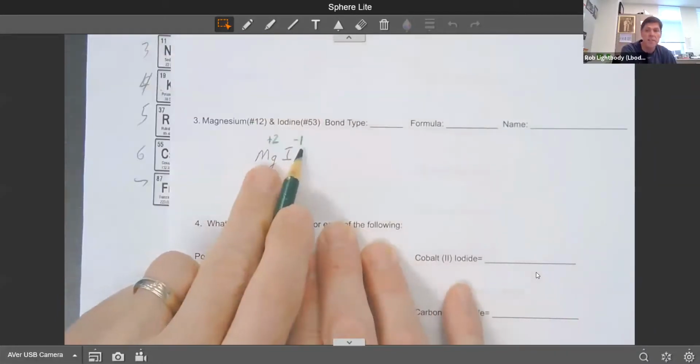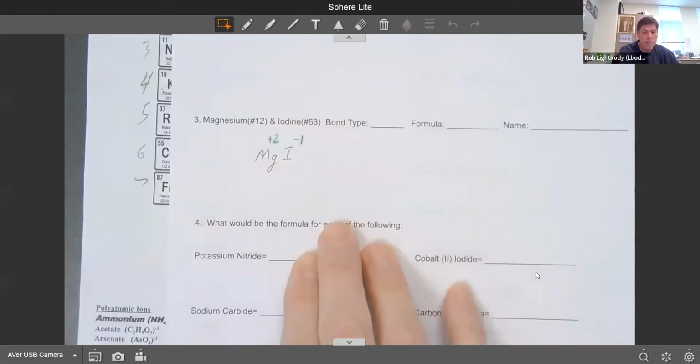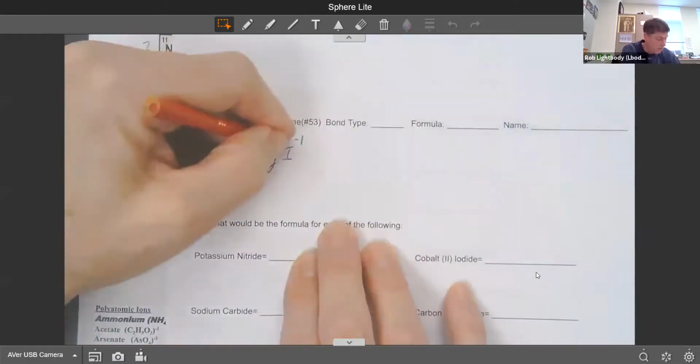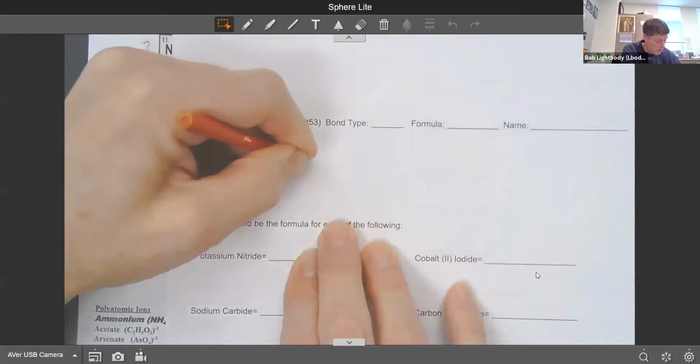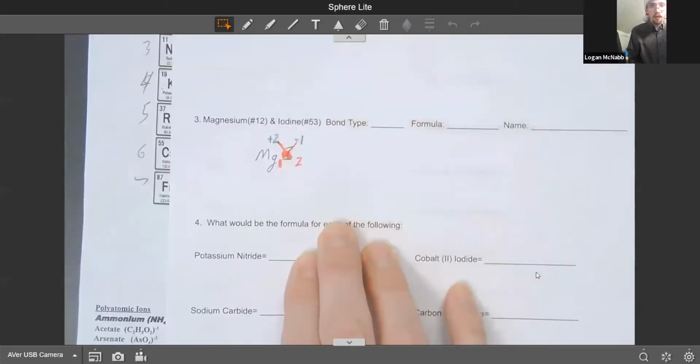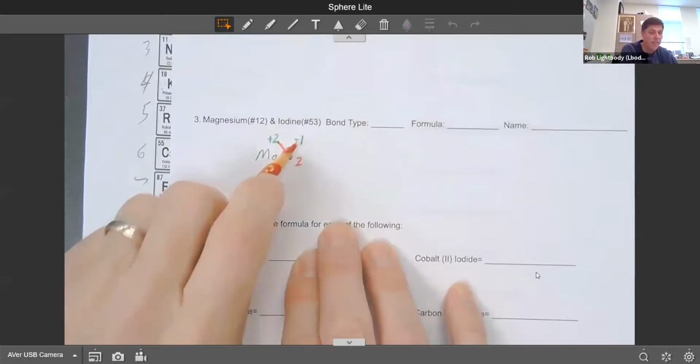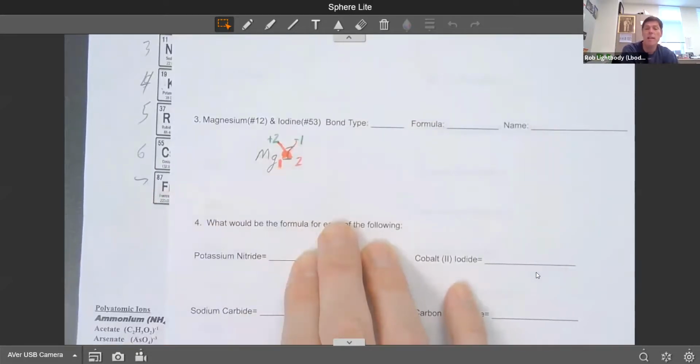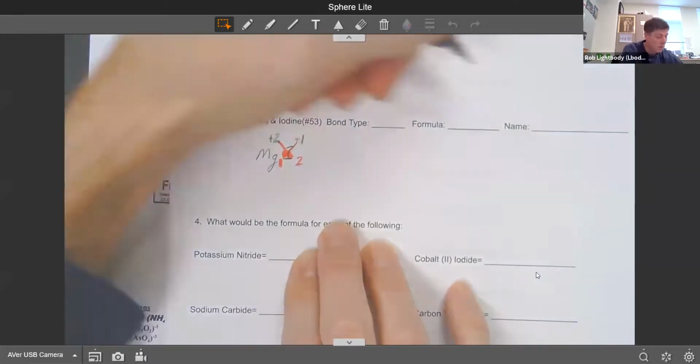Always check to see if these add up to 0. If they do, you are done. If they don't, you do the cross down method, like in MgI2. I put the 1 there right now so you can see that, but in all honesty, just by writing the symbol, it's an implied 1. So you don't have to worry about that. So what would be MgI2?